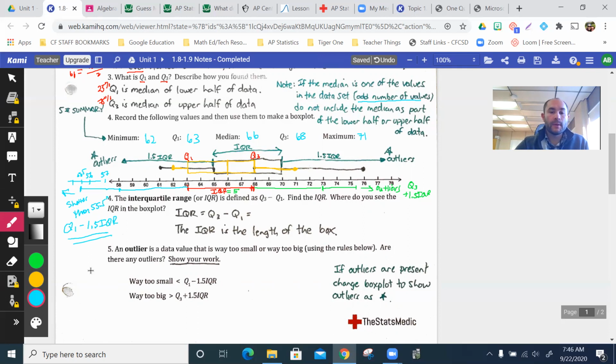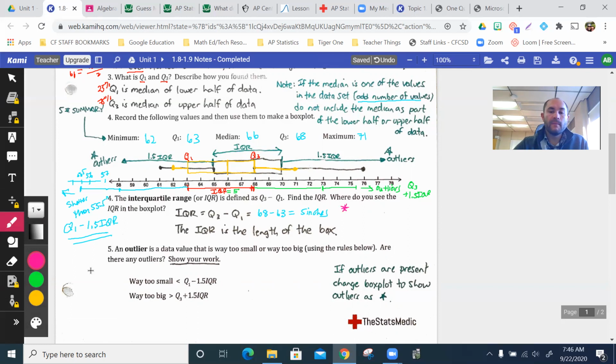So the IQR is what we already talked about. It's Q3 minus Q1. It is 68 minus 63, which is 5 inches. The IQR is the length of the box, but the interpretation that we need to know, what does this actually mean?